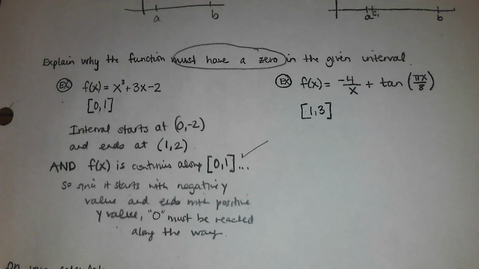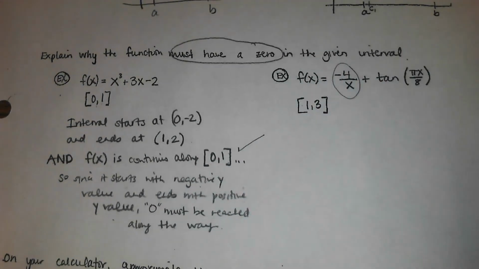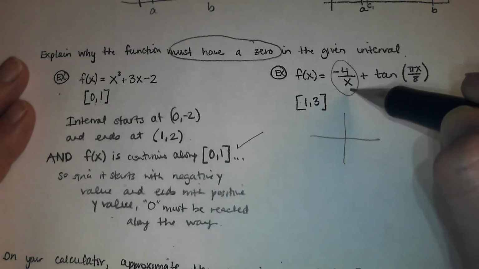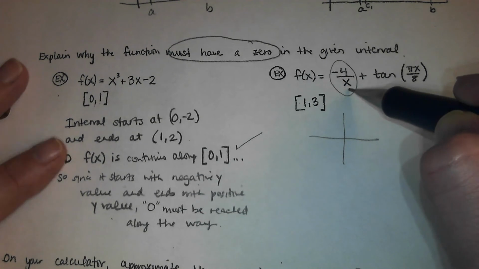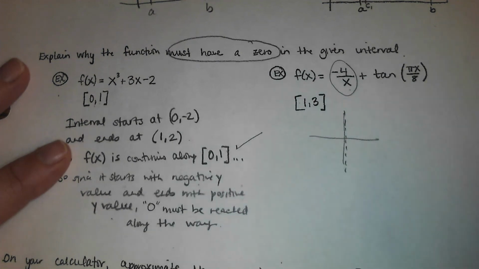So, is this function continuous from 1 to 3? This is just a rational function with an asymptote where? 0. A horizontal asymptote where?